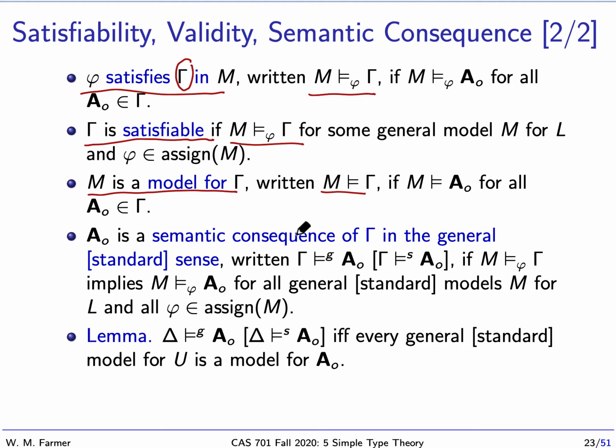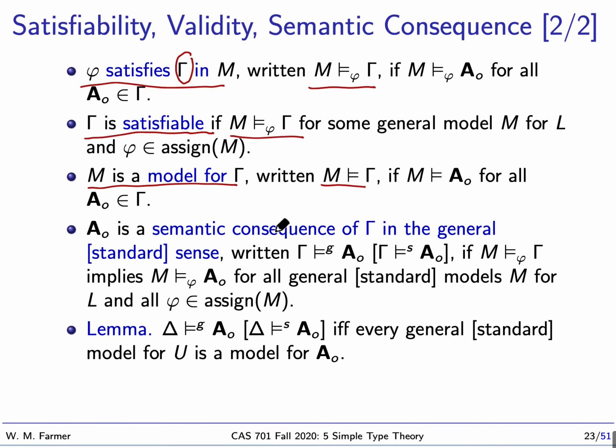Now here's a very important definition. This is the definition of semantic consequence of gamma in the general sense or standard sense. The definitions are very similar.